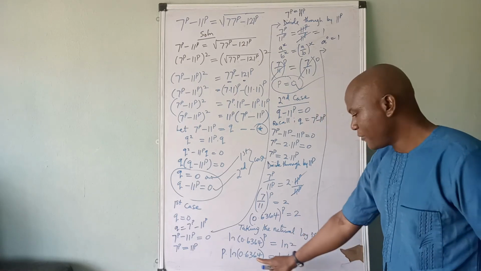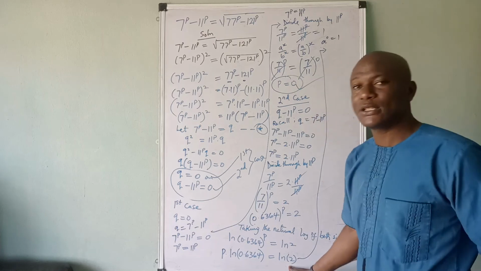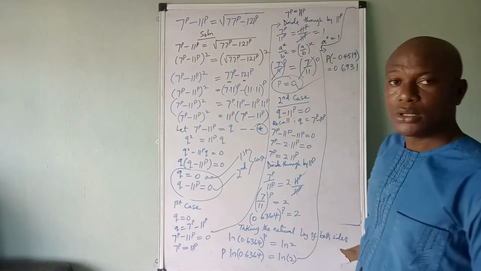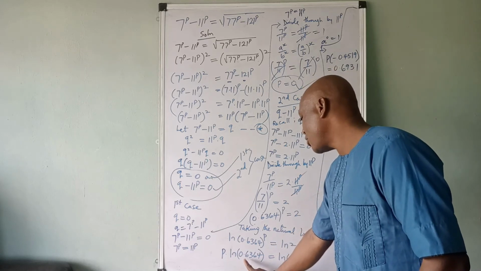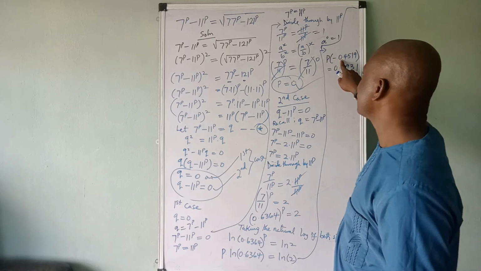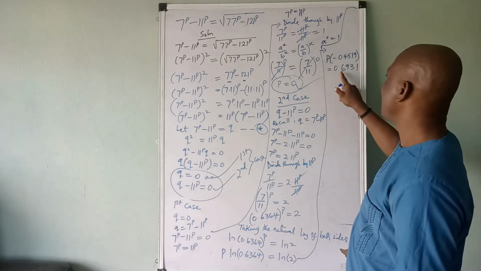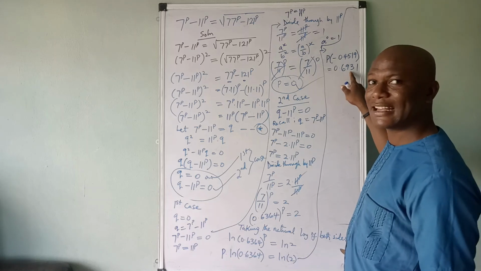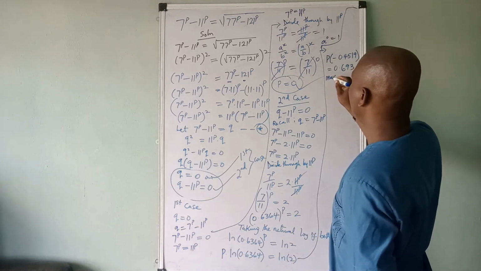So with the calculator, you can figure out ln 0.6364 and also ln 2. So with the help of the calculator, we now have that ln 0.6364 is minus 0.4519. And also ln 2 is the same as 0.6931.